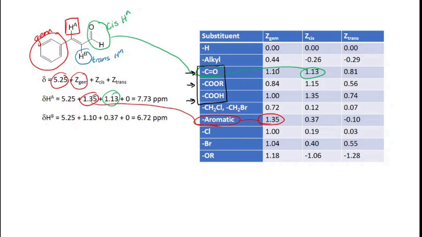You'll notice, for example, the geminal, we have a substantial difference between the ketone and the ester. 1.1 versus 0.8, so it's almost a quarter of a ppm. Same thing with the trans, we have about a quarter of a ppm difference between those two values. So they can be significant, which is why they're listed separately. You do need to pay attention to what the group is when you are doing these calculations.